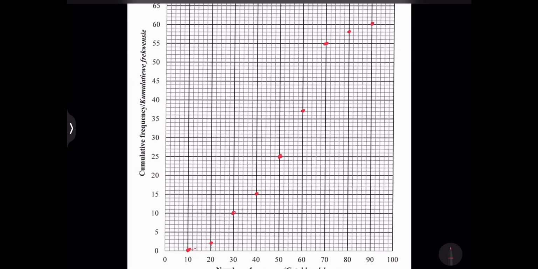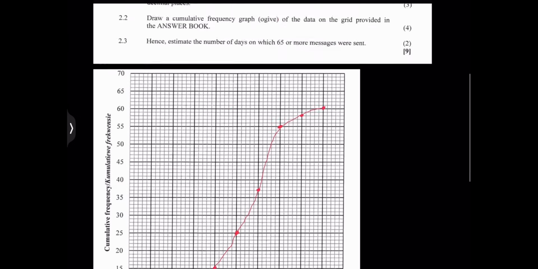So I'm going to try my absolute best to connect those dots in the smoothest way possible. All right, so there's my ogive, my cumulative frequency curve. That is how we'll get our value there.